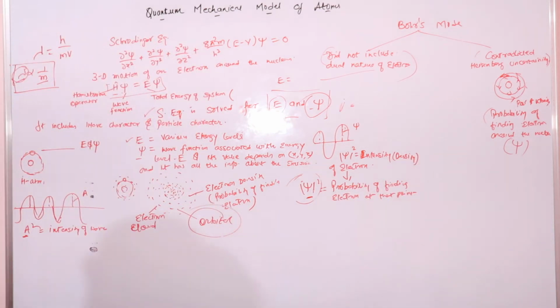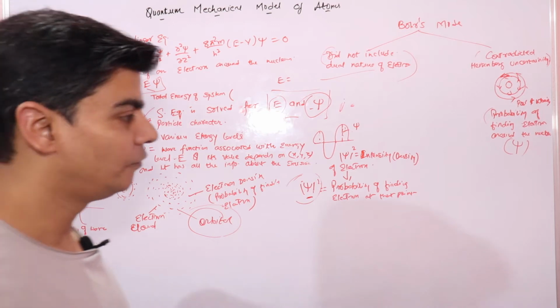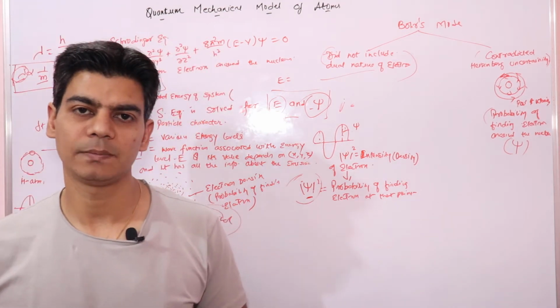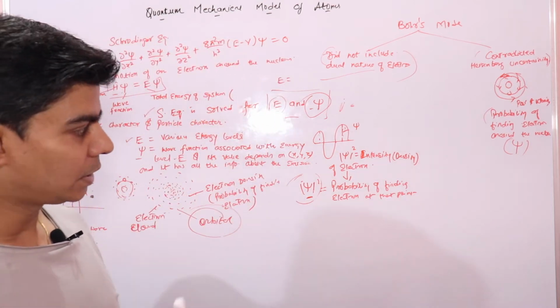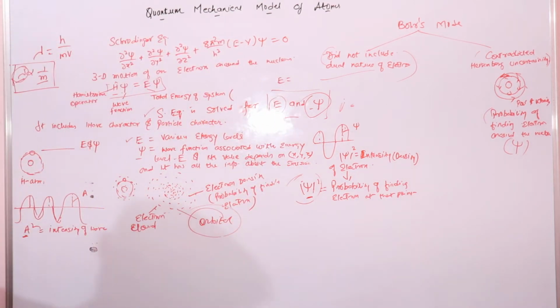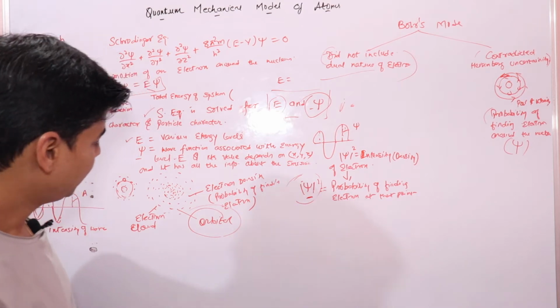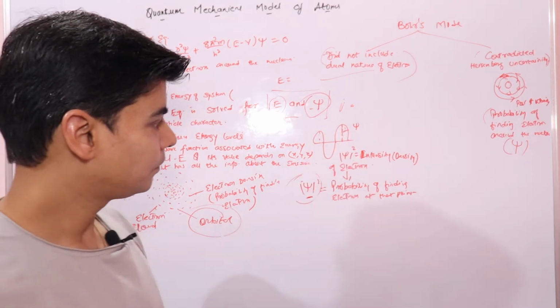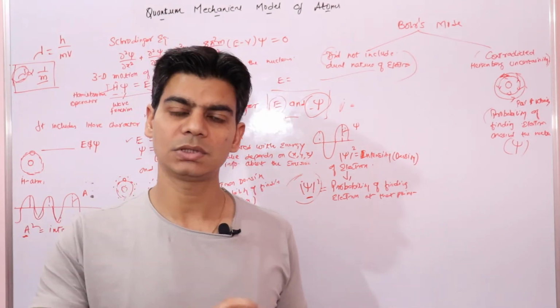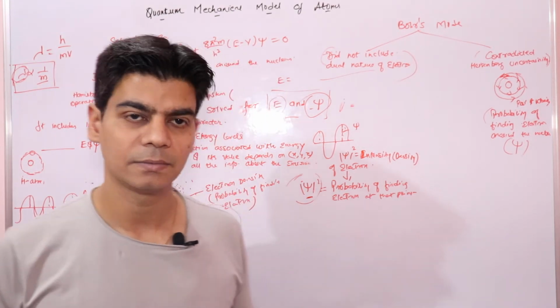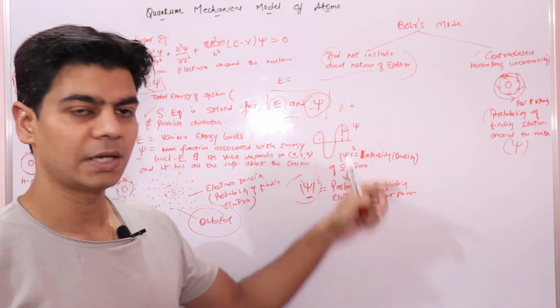Now the most important thing here is that the wave mechanical model gave us the concept of orbital, right? And the orbital, let's learn more about orbital. Since we said that the electron is a wave, electrons can have multiple wave functions, right? It can have multiple values of psi.